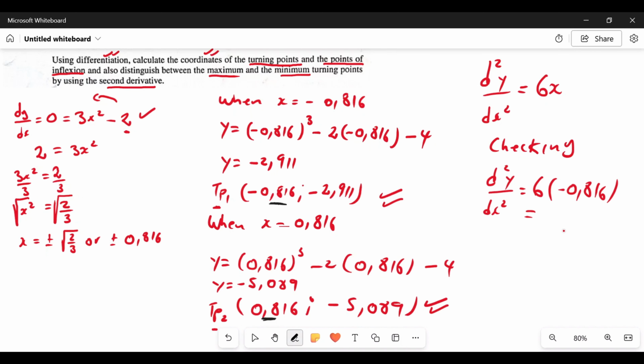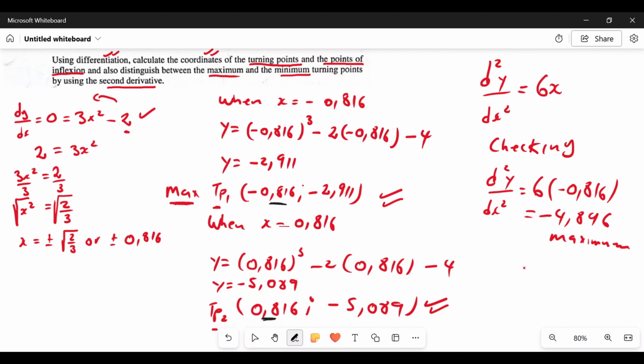So when you do this, this is going to give us negative 4,896. There we go. So when it's negative like this, it means that it's less than 0. So this means that this turning point here is the maximum. You can also write maximum next to this turning point.